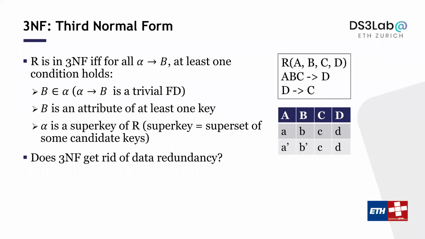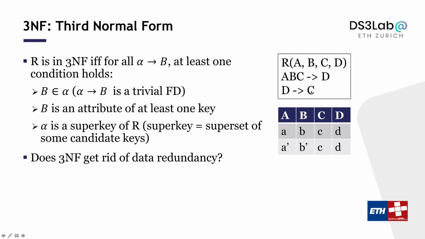Let's first think about whether this design is in third normal form. Let's check the second functional dependency. Is it trivial? It's not trivial, because the right-hand side is not a subset of the left-hand side. Is the right-hand side an attribute of at least one key?